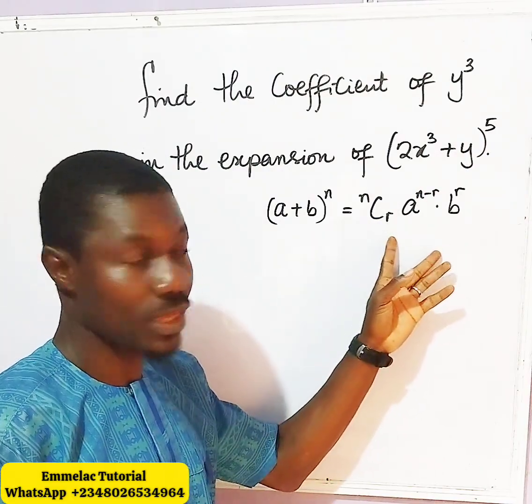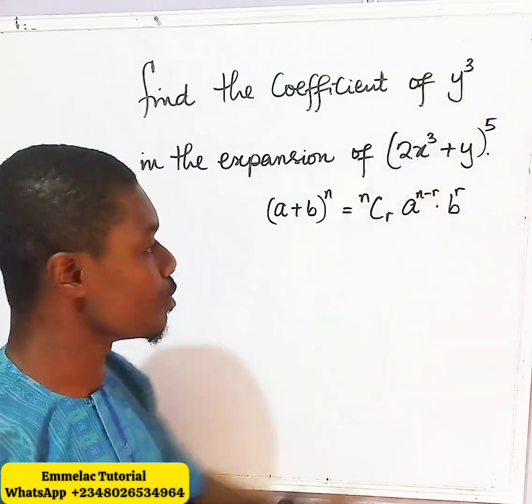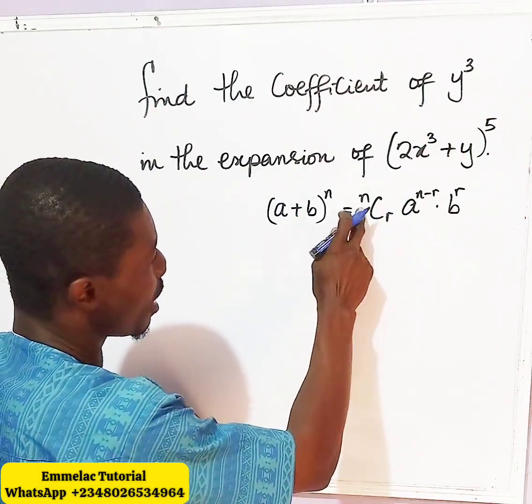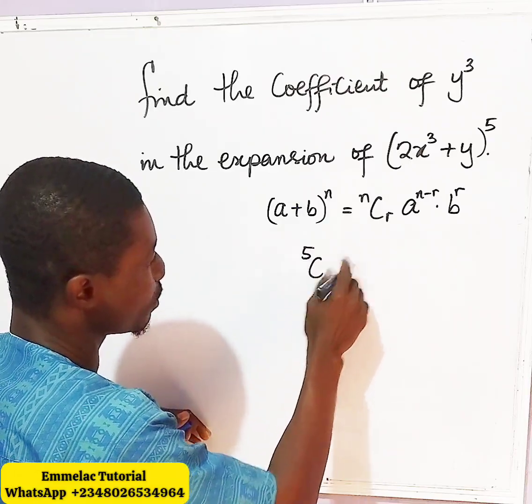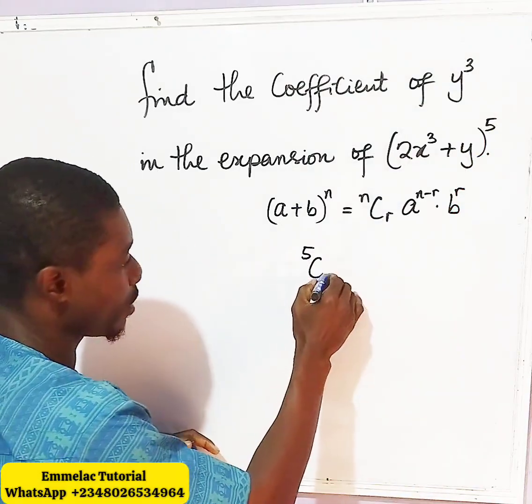So let us now apply this formula in getting the coefficient of y cubed. Here n is 5, so we have 5 combination 3, where 3 is the degree we are aiming at.